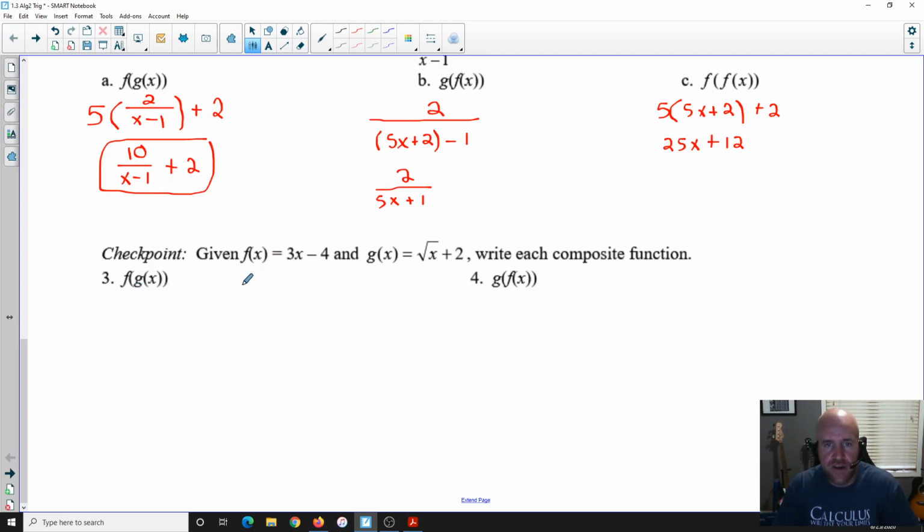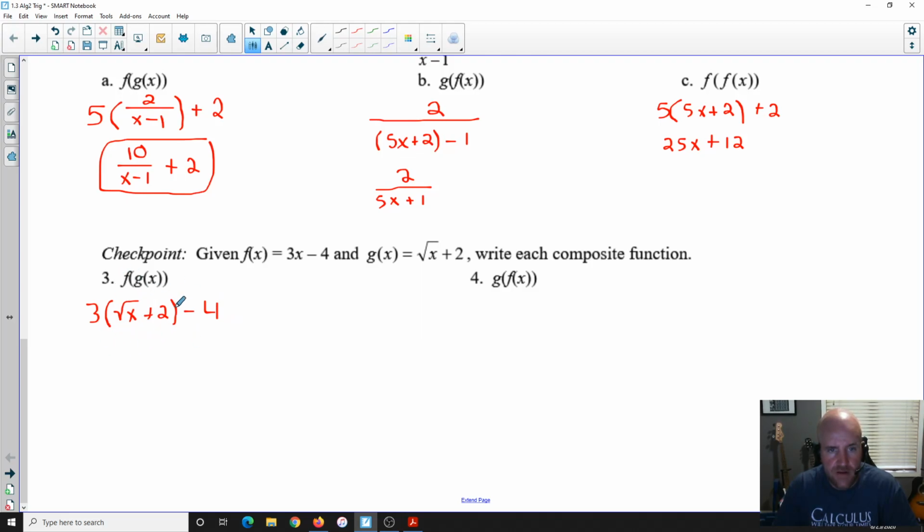So f of g of x. So same thing. Let's plug in g into the f function. So 3x. So here comes our g. Sorry, I'm moving the mouse a little slow tonight. And then minus 4.